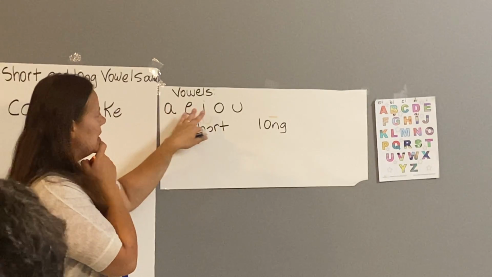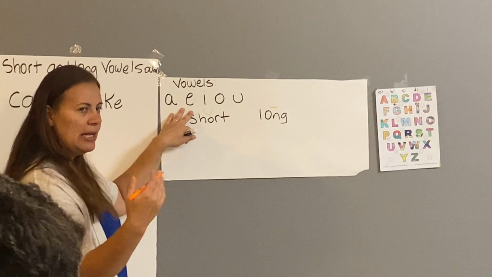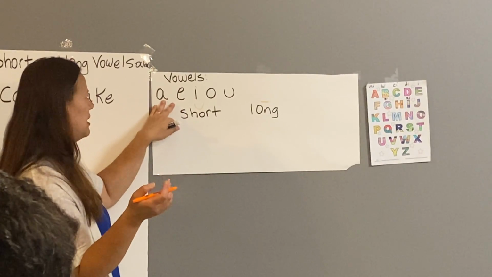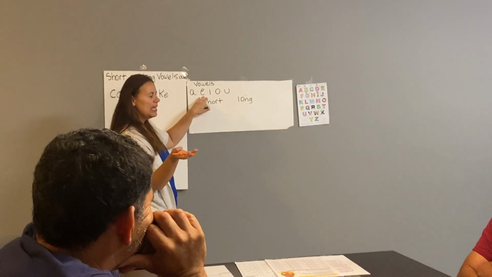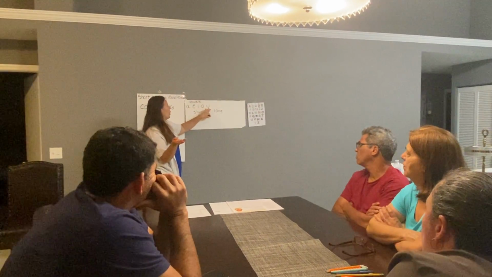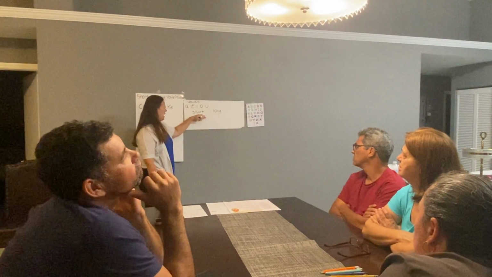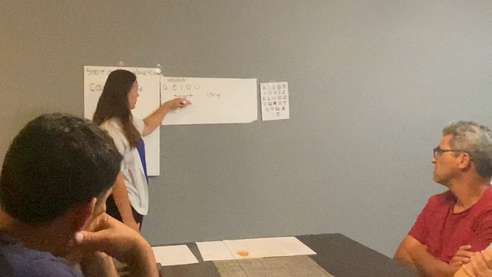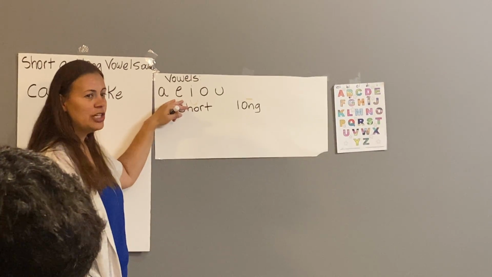Okay, so this is the letter of the alphabet. Let's repeat how we say it in English. The first one is A. Second one E. I. O. U. Okay, so now when you have the short sound for the vowels in English, the vowel sound is going to change.